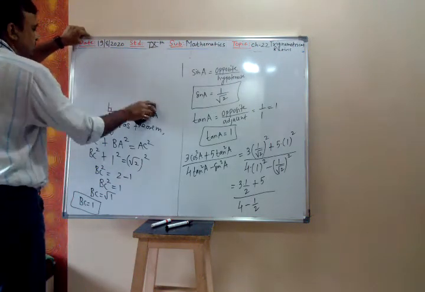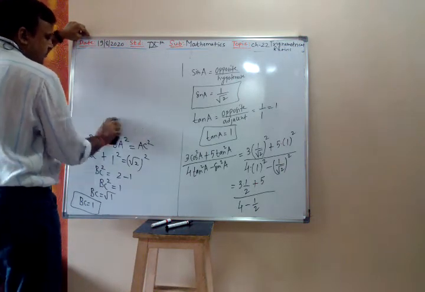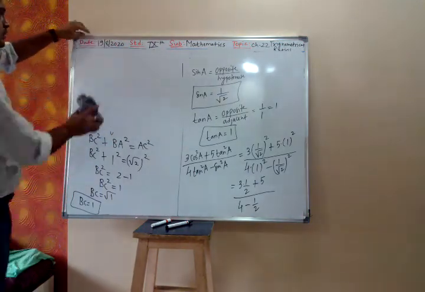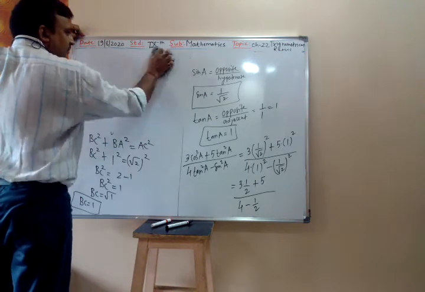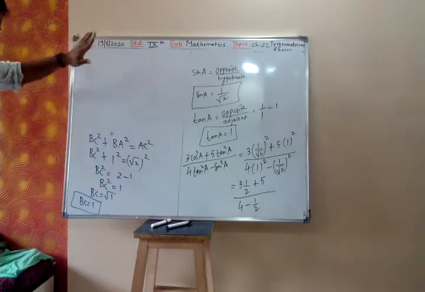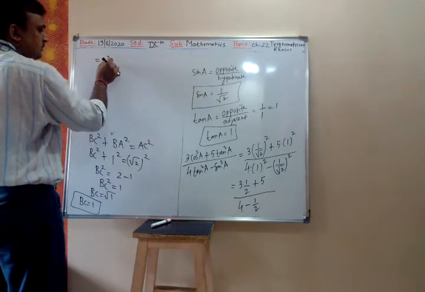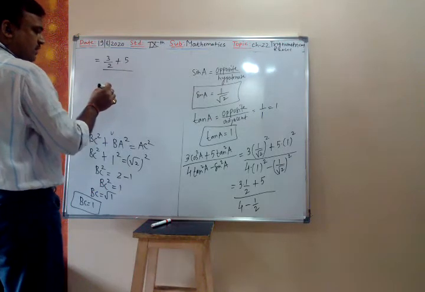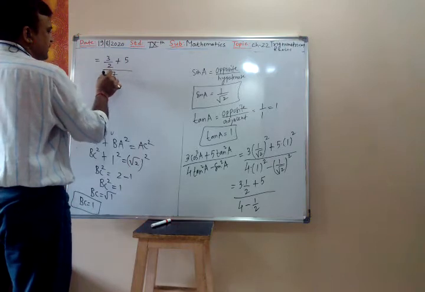So 3 by 2 plus 5 upon 4 minus 5 by 2, and 4 minus 5 by 2 is 8 minus 5, 3 by 2.